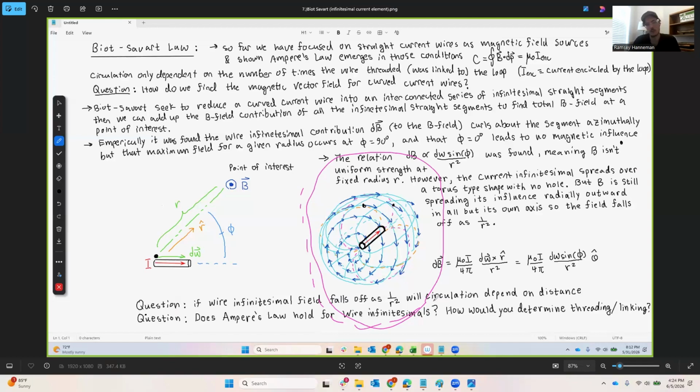And how does the field fall off for a Biot-Savart element? 1 over r squared. So when we multiply that by our r d theta, only one of the r's cancels. And now you're left with a circulation that does depend on distance, not just angle. So that's the first problem with Biot-Savart and Ampere's law. The second problem comes from this question: how would you even determine what threading or linking looks like?